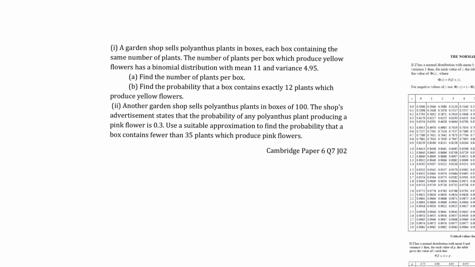So basically in this case, x, your discrete random variable, is the number of plants producing yellow flowers, and x follows a binomial distribution with n trials and p is the probability of success.